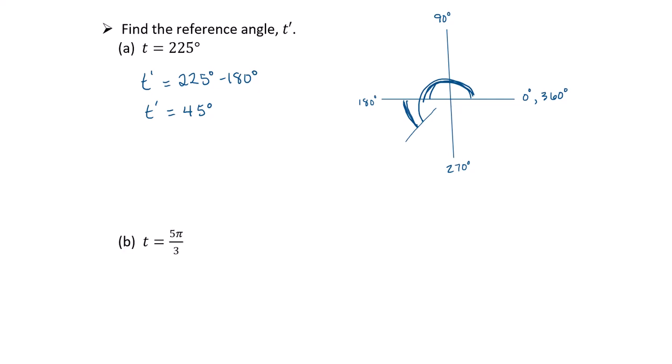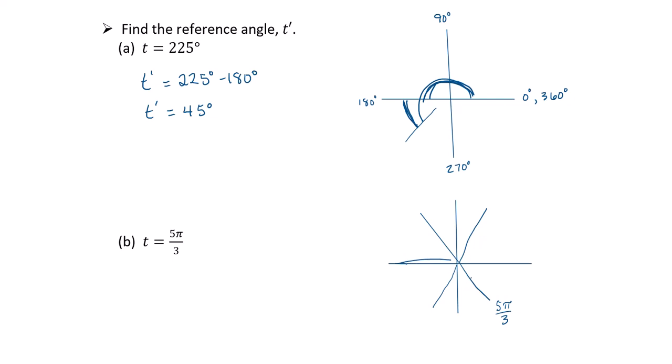If T is 5 pi over 3, then again, I can count through the unit circle. This is 1 pi over 3, 2 pi over 3, 3 pi over 3, 4 pi over 3, and 5 pi over 3 is about right there. So I'm in the fourth quadrant.